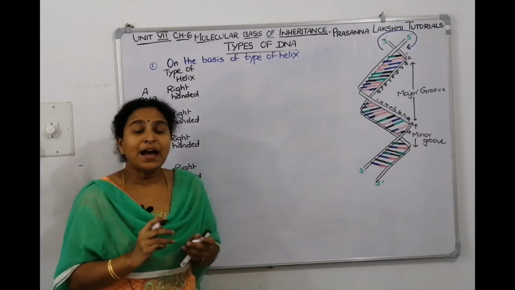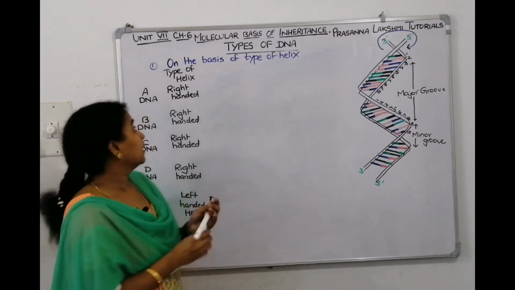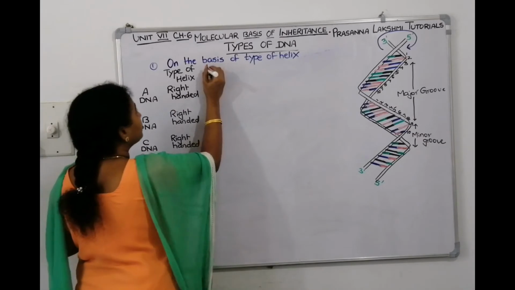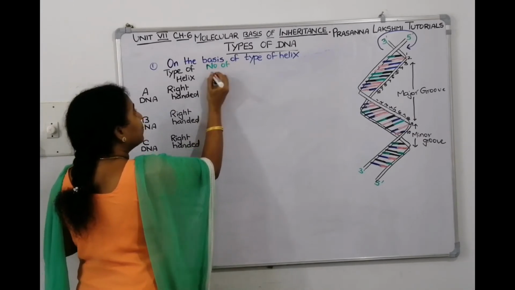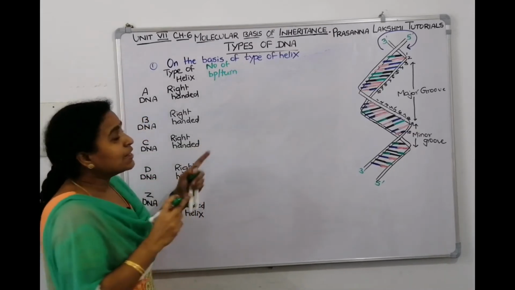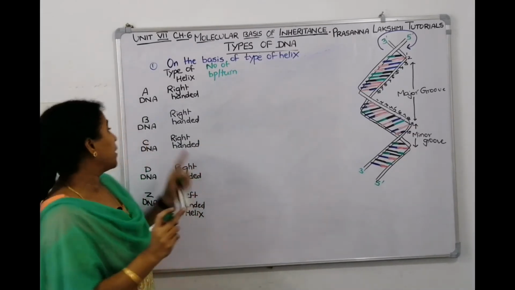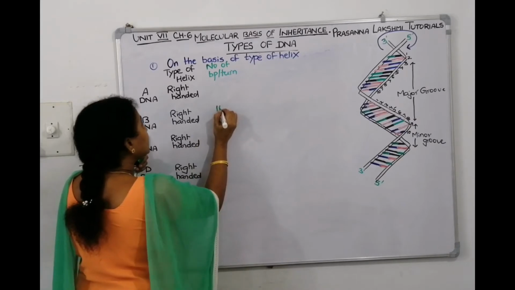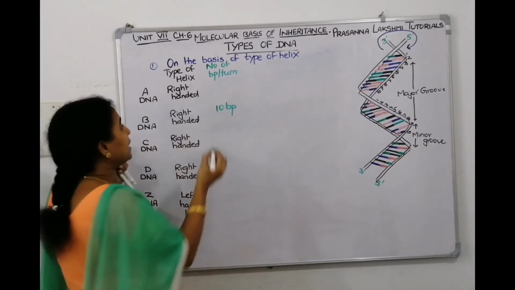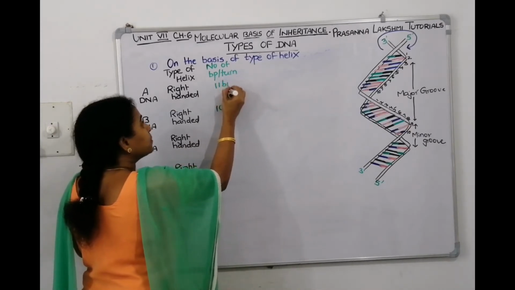Now, next one, let us write down the number of base pairs per turn. We have seen that B DNA has 10 base pairs per turn. A will have 1 plus, means 11 base pairs per turn.